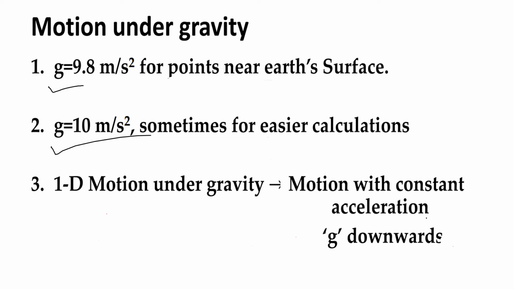Sorry guys, I forgot, it is downwards. So in 1D motion under gravity, with constant acceleration, remember that g is always minus. So acceleration for gravity we always take as minus g.